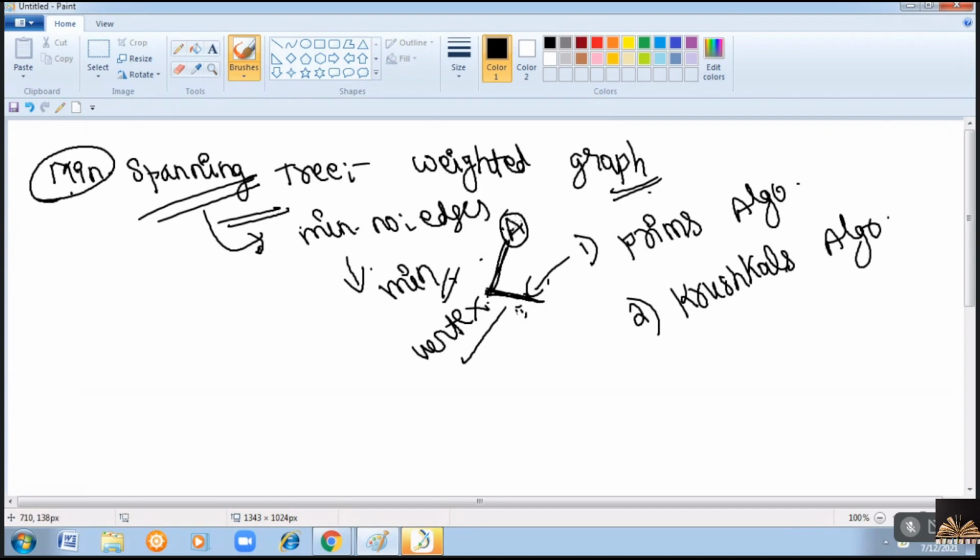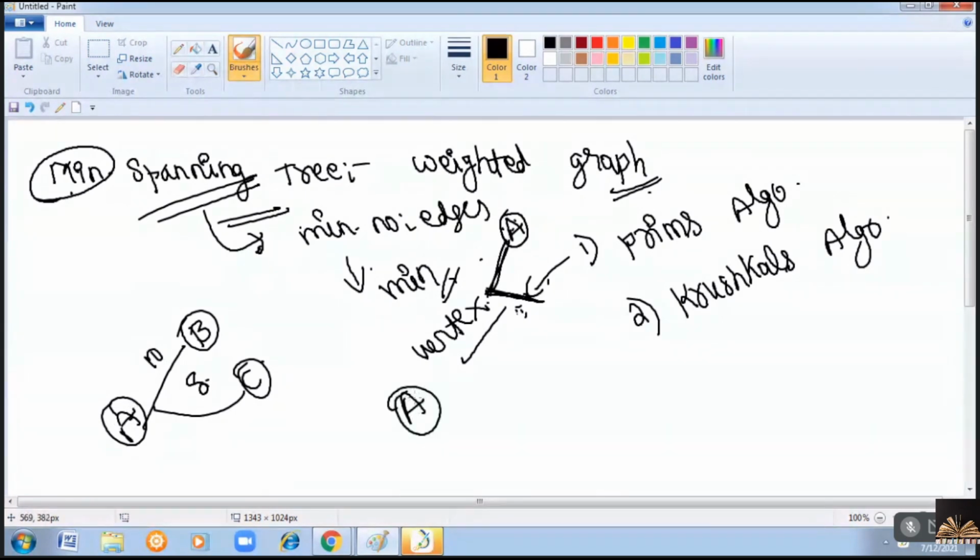Clear? Suppose you have something like this: A, B, C. Let us suppose I have chosen A as my starting point, then in the minimum spanning tree you will have A, and for A you have two adjacent vertices.